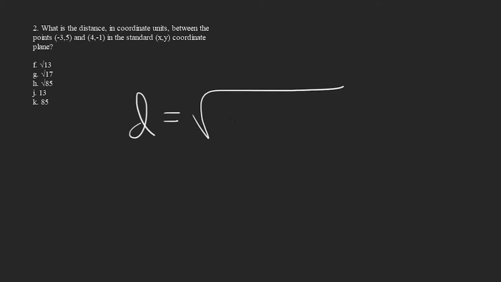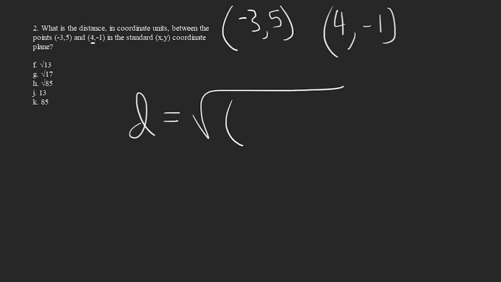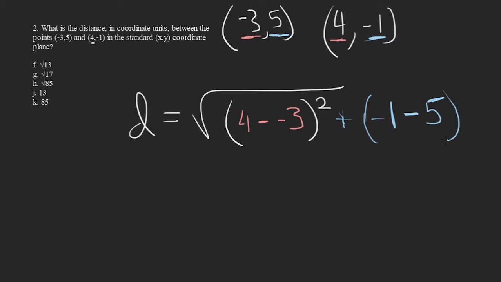So our distance is going to be x2, which is 4. I'm going to write the points up here. I'm going to take x2, that's 4, minus x1, which is negative 3, and y2, which is negative 1, minus 5. This becomes 4 plus 3, which is 7, so 7 squared, and the other becomes negative 6 squared.